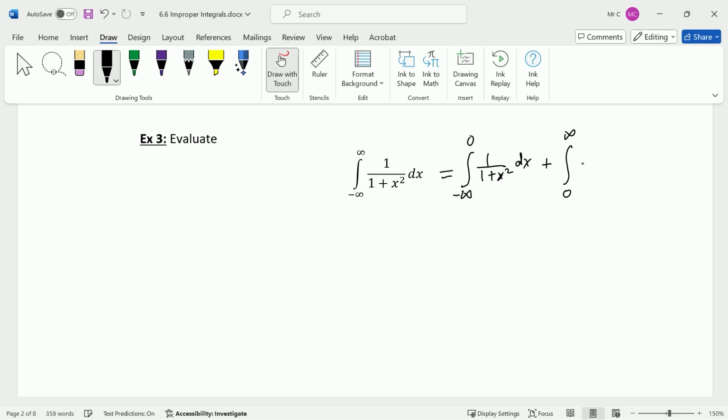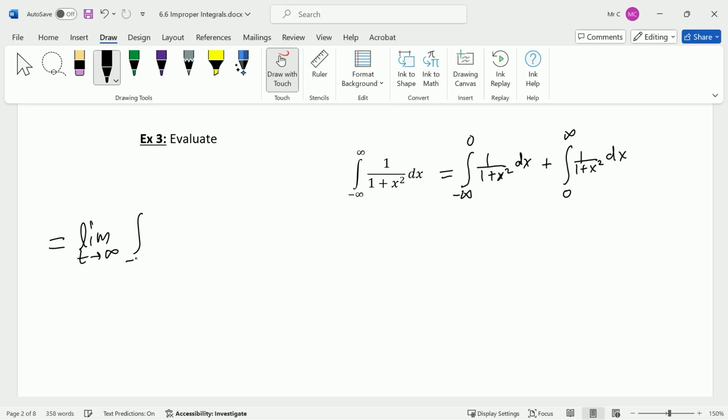So this becomes the integral from negative infinity to 0 of 1 over 1 plus x squared, plus the integral from 0 to infinity of 1 over 1 plus x squared. And now we'll convert both of these into limits. So I'll use t for my limit variable in the first integral.